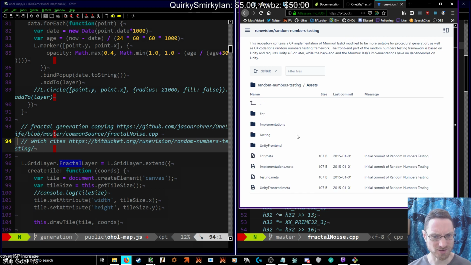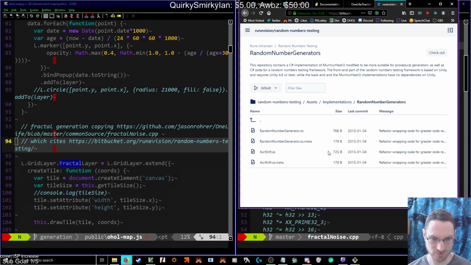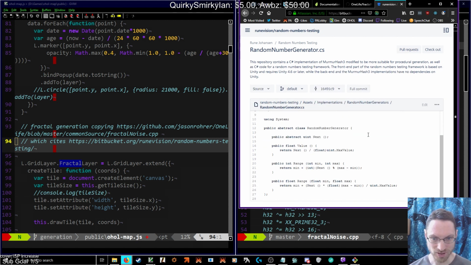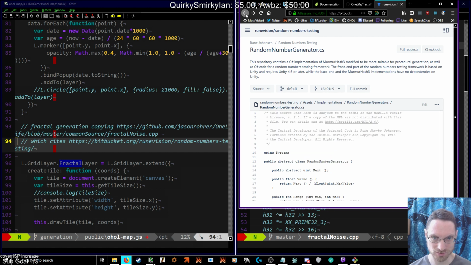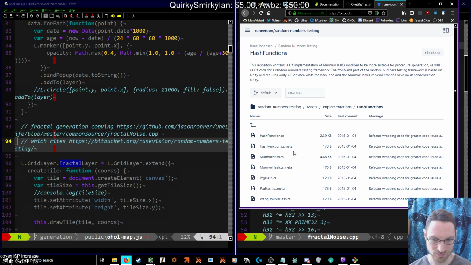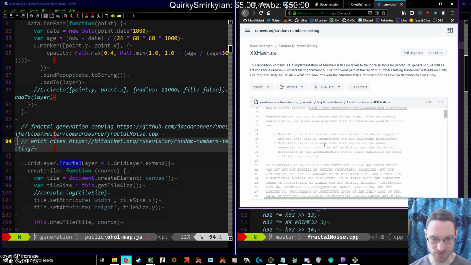So was the code in assets? Or hash functions, random number generators. Well, the hash function would be in there. Value, range. XX hash.